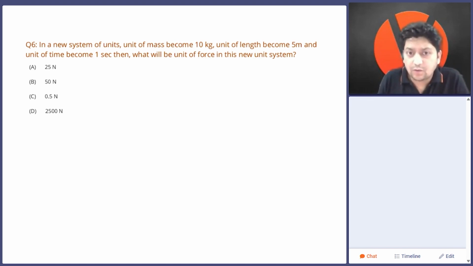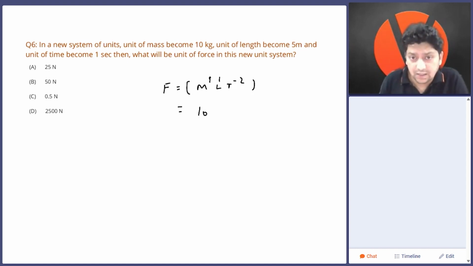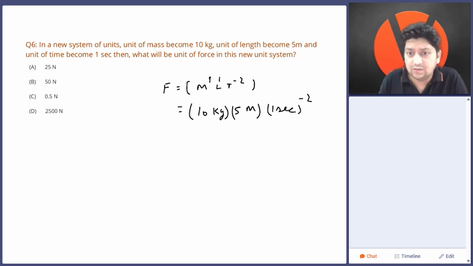The dimensional formula of force is M^1 L^1 T^-2. The units which we need to use in the new system are, for mass 10 kg, for length 5 meter, and as the powers are 1 we need not worry, the powers will be the same, and second as it is will be used.